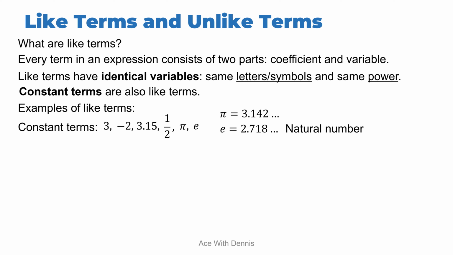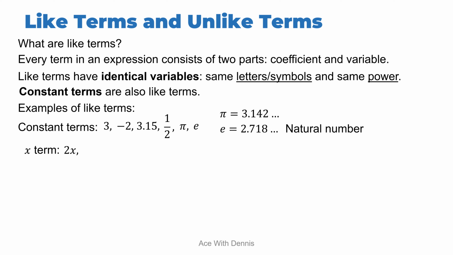As you can see from here, it doesn't matter whether it is an integer, a negative integer, decimal, fraction, or just constant terms like pi and e. All these are considered as like terms.